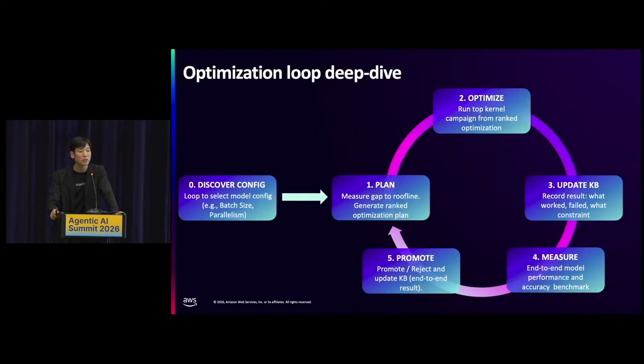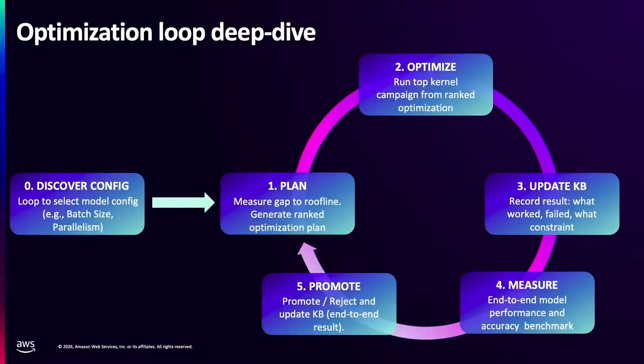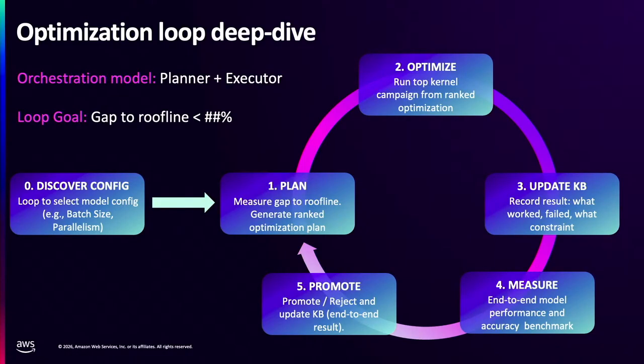So let's dive a little deeper into one of these optimization loops, which is the kernel optimization loop. This is a common setup. We use what's called a planner and executor type of model. The goal that we loop towards is the gap to the maximum performance that the hardware can achieve on your particular model. Starting from step 0, there's another loop that identifies, for a given inference workload, what the best settings are. It passes that to our planner agent. That's step 1.